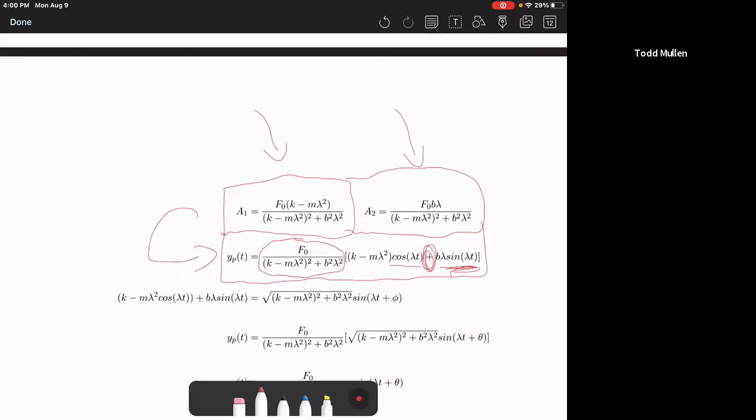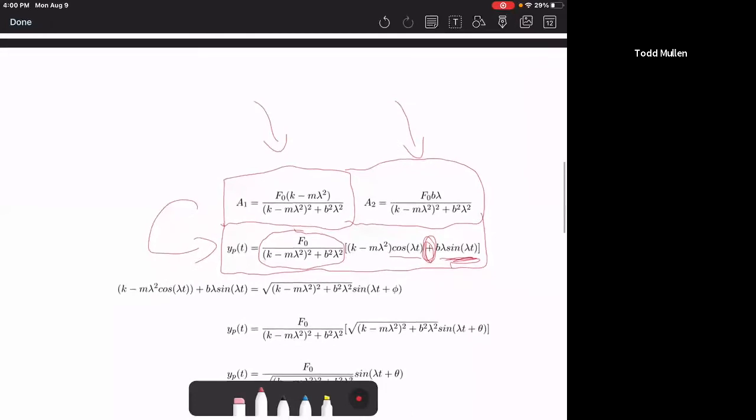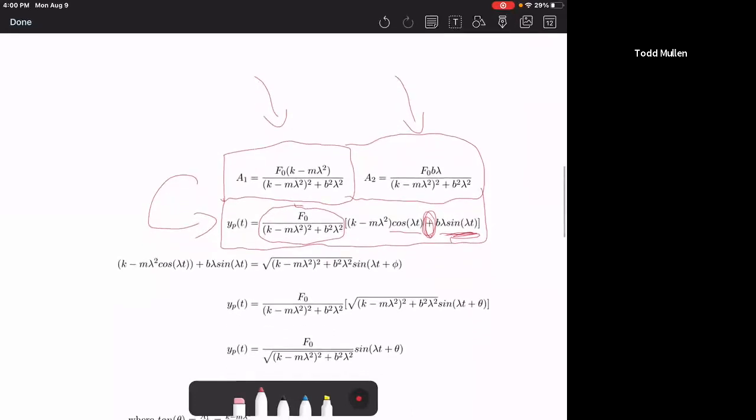Now, we can simplify this a little bit, and it's going to be using our method from the last video about converting things that are in a form of something times cos plus something times sine into our A sine of lambda t plus phi form. So A, if you'll recall, is equal to the square root of C1 squared plus C2 squared.